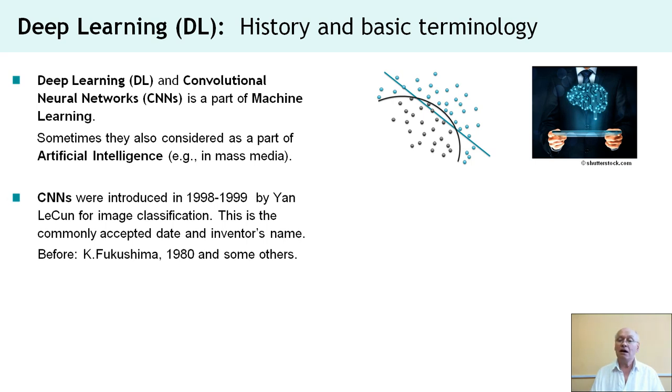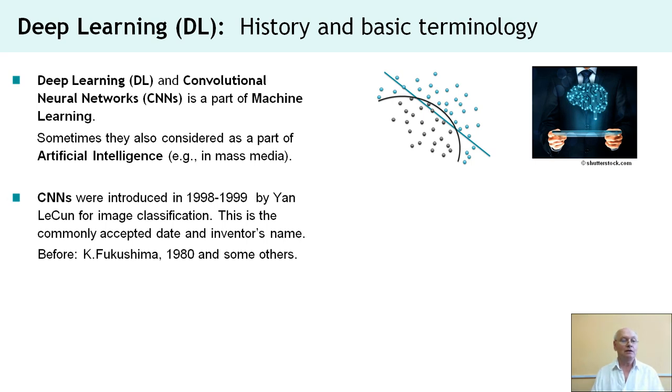But as with any other complicated engineering issue or basic idea, it did not start from scratch. There was other research in different countries which in some way suggested similar solutions, similar architectures, similar things. For instance, Fukushima from Japan was suggesting similar things in the 1980s, but not exactly the same.